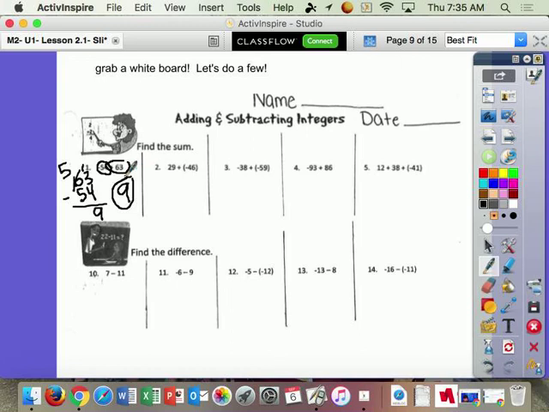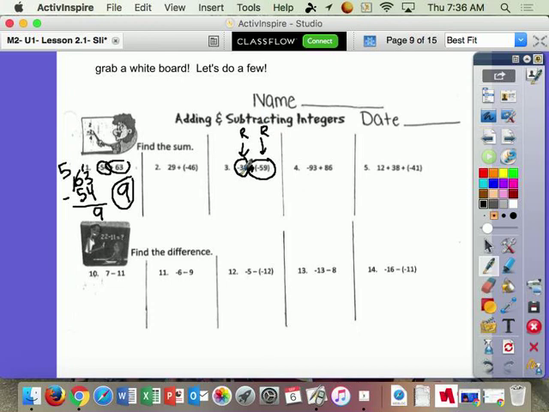Okay? Same thing here. I have 38 red. In this one, I have a plus and a minus. What did we do if we had a plus and a minus next to each other? Was that positive or negative? Negative, good. In this one, would this 38 be red or green? Red, good. Would this 59 be red or green? Red, good.